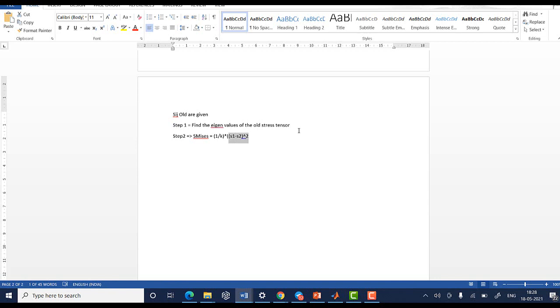This was also not required, you could have just written the summation of sigma i minus sigma j. So sigma 1 minus sigma 2 whole squared plus sigma 2 minus sigma 3. Sigma 3 is not there, so this reduces, but that condition was not there in part A, so here it should be general. And then you have sigma 3 minus sigma 1 whole squared, to the power 0.5. So this is my Mises value.